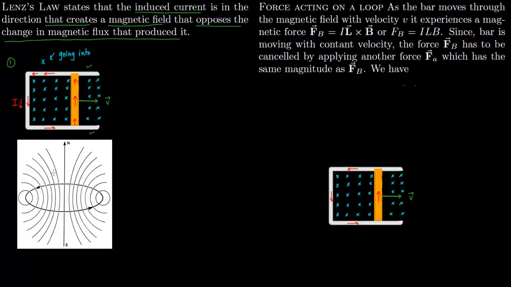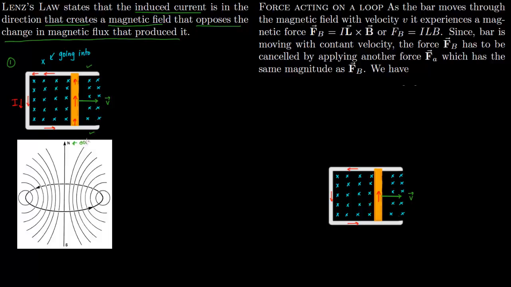So why is the current flowing in this direction? Lenz's law tells us the direction of the current. Let us see the corresponding loop. We take this plane and put it as a loop like this. If the current is flowing like this, say this south side is into the screen and this north side is out of the screen.